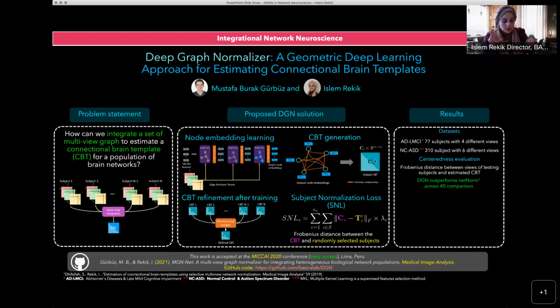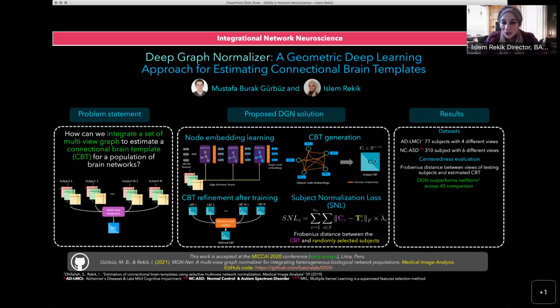And then what we did, we took an independent learner, an SVM, a multi-kernel learning classifier that selects features, and we found about 70% reproducibility between the markers identified using a simple CBT matrix difference versus a heavy learning-based approach to discover the biomarkers using all training samples and all multigraphs.